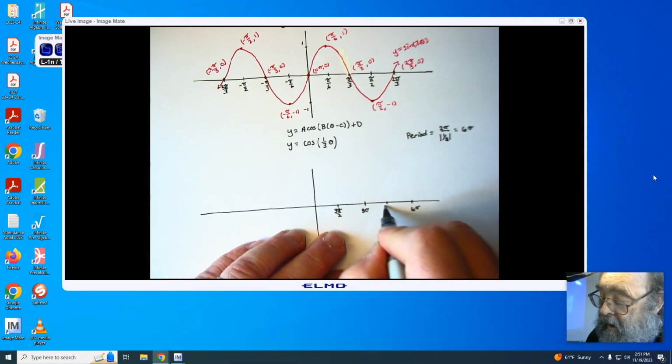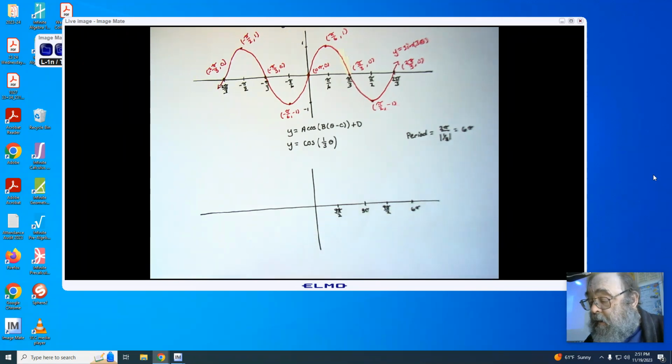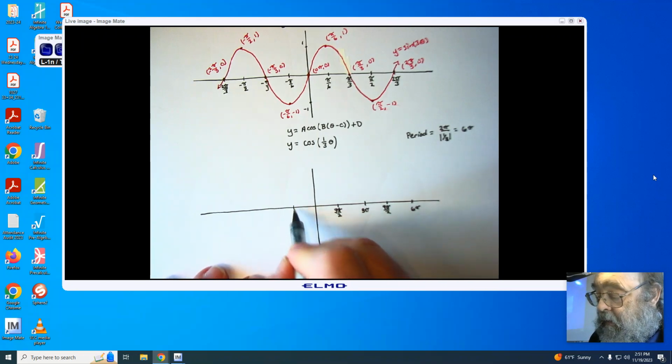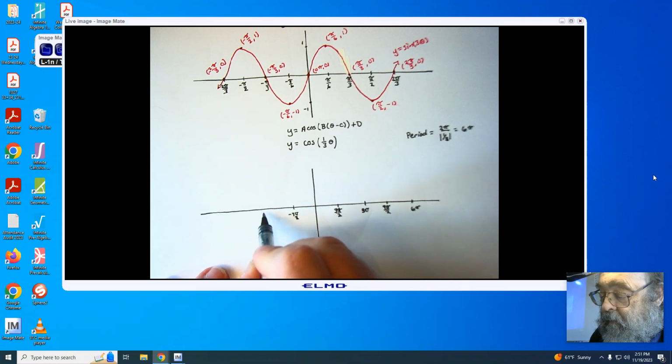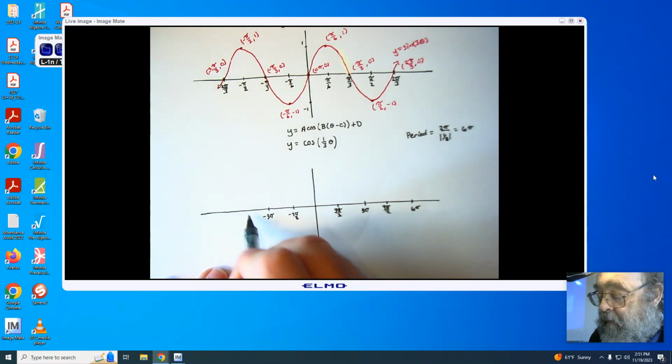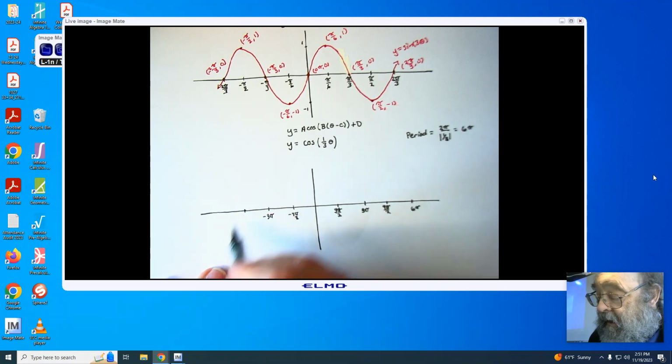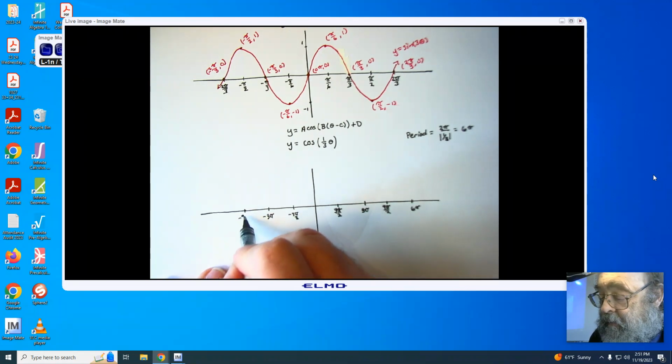This is going to be 9 pi over 2. Then we work our way backward. Negative 3 pi over 2. Negative 3 pi. Negative 9 pi over 2. And we finish with our last value of negative 6 pi.